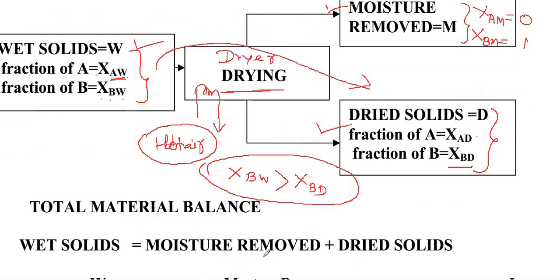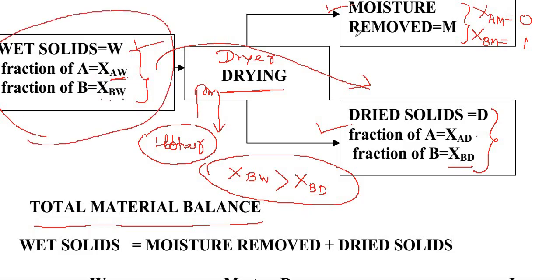Now with respect to this operation, again we have to write down material balance equations. The first material balance equation we have studied is called TMB, that is total material balance. If you observe, there is only one input stream, which is the wet solid. And there are two output streams, moisture removed and dried solid.